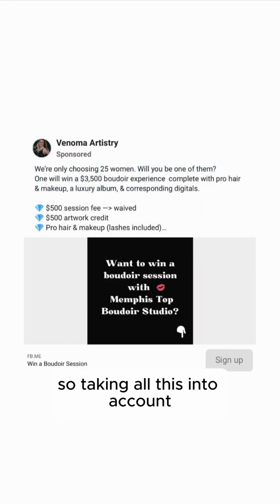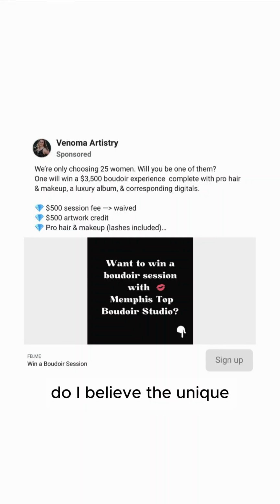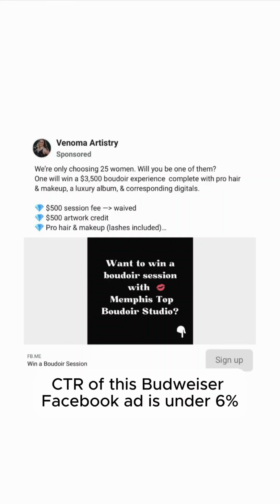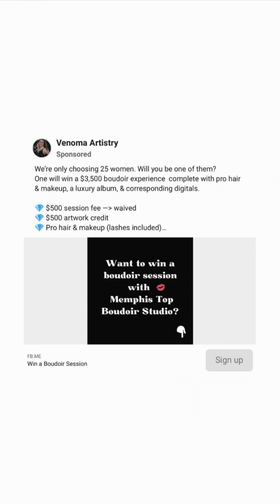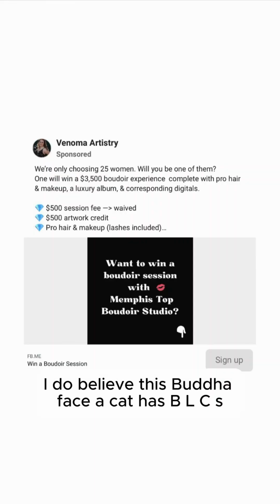So taking all this into account, do I believe the unique CTRL of this Boudoir Facebook ad is under 6%, meaning it has BLCS, aka Boudoir low click syndrome? Yes, I do believe this Boudoir Facebook ad has BLCS.